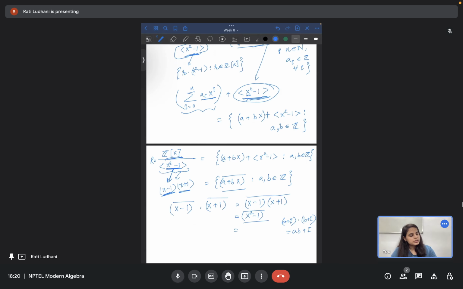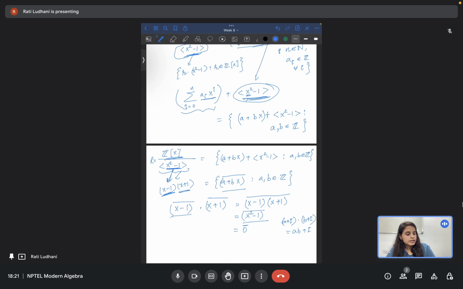And what is this? This is actually 0 bar, and 0 bar means 0 plus the ideal generated by x square minus 1. So it is like that.